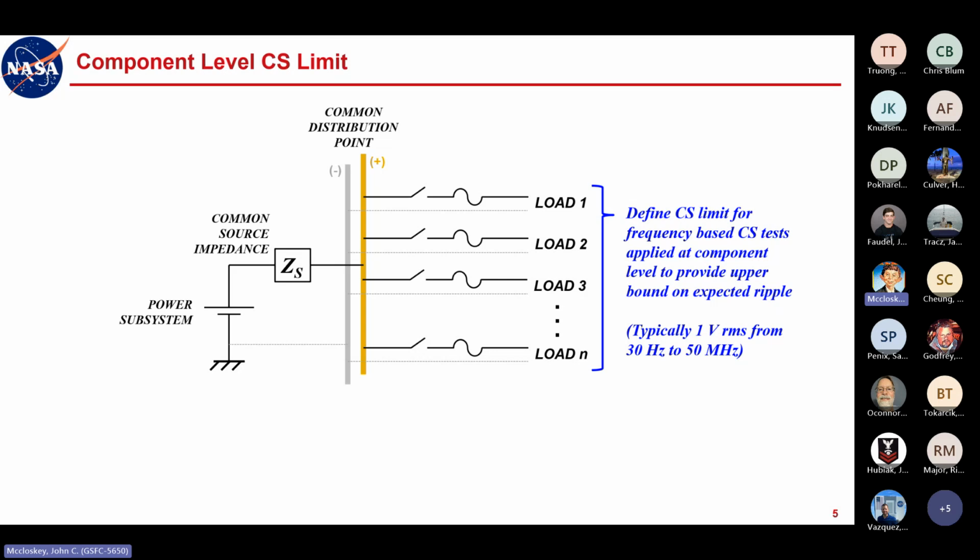And so we sweep that sinusoid from 30 hertz to 50 megahertz, so you can characterize your equipment susceptibility, to what frequency range it might be more susceptible than others. So it clearly is quite conservative, but if you are sensitive to 1 volt RMS, you want to know about it and then find the threshold.